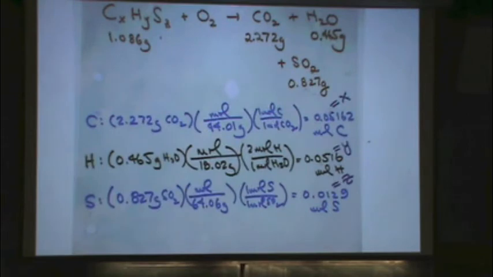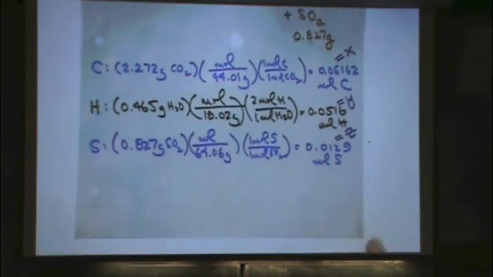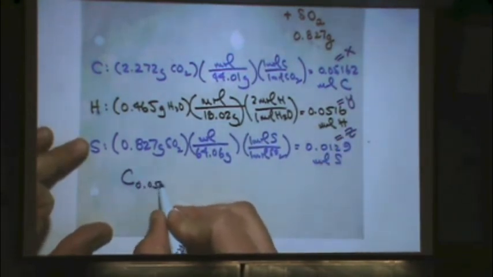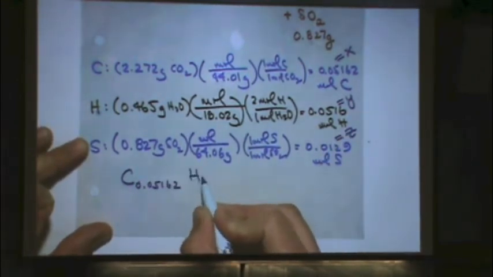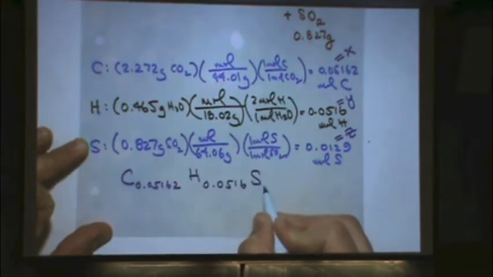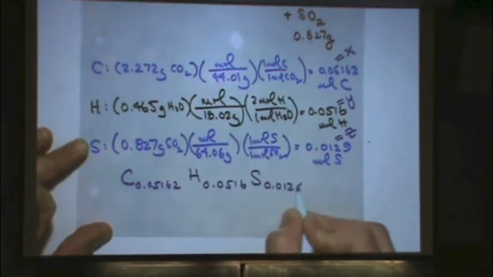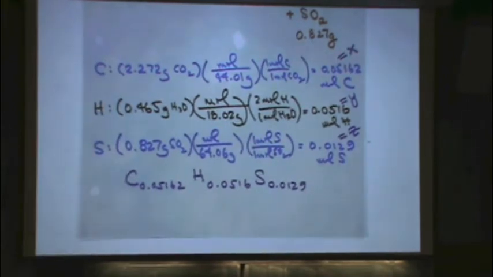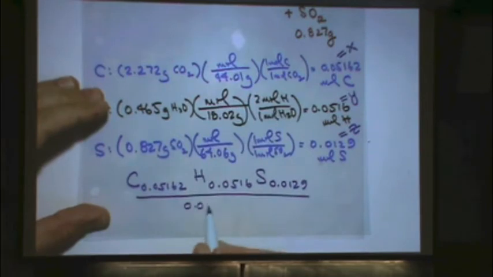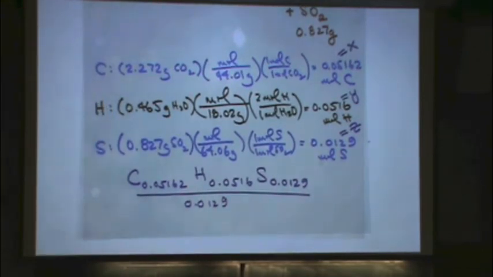Okay, we have x, y, and z. Now we can go straight to our empirical formula. Scoot down a little bit. We've got, just plug in Cx, that's 0.05162 from above. Hy, 0.0516. And Sz, 0.0129. So I'm just plugging in x, y, and z. I'm going to divide by the smallest, which is the 0.0129, through all 3.